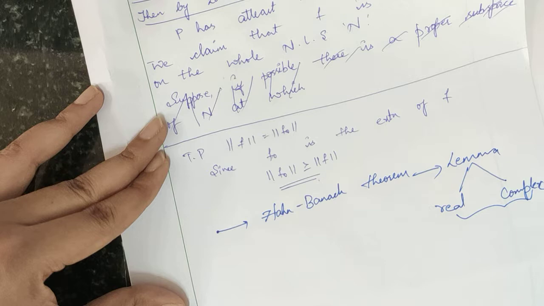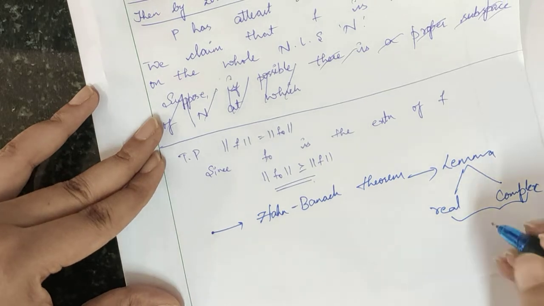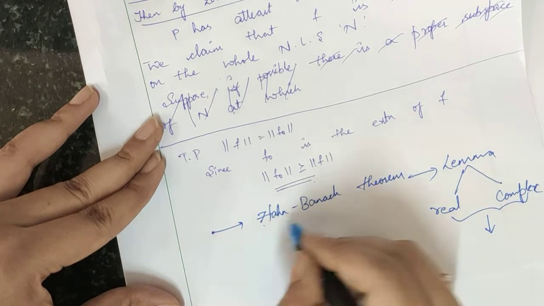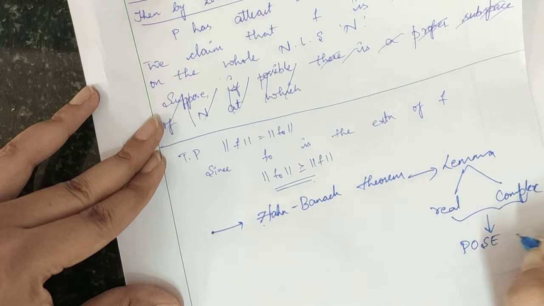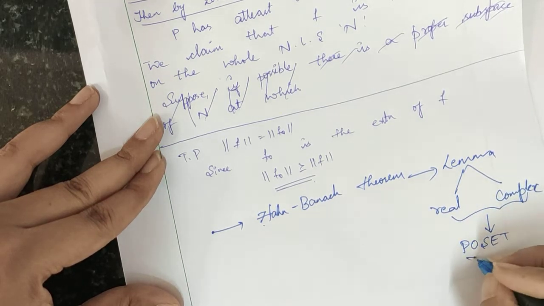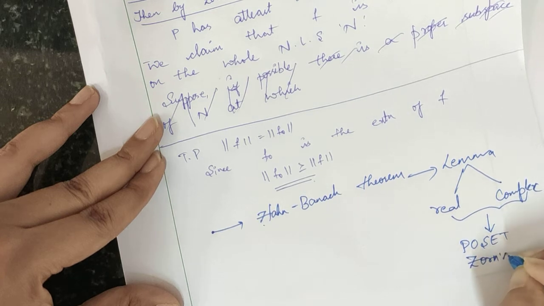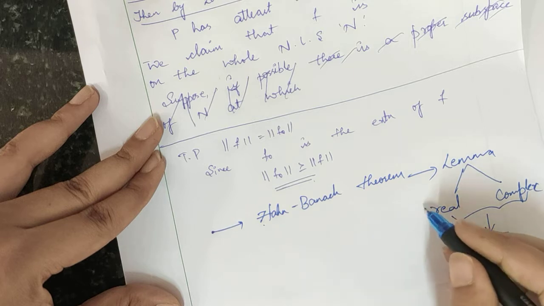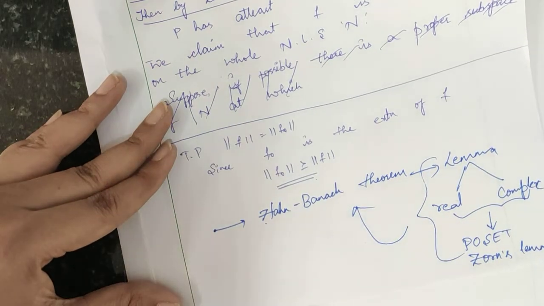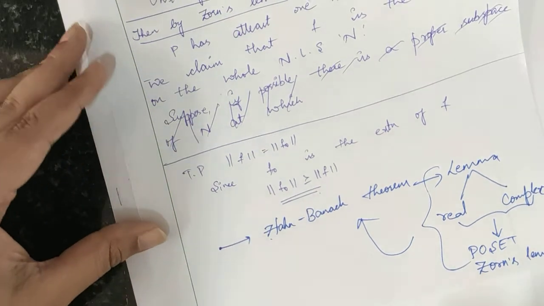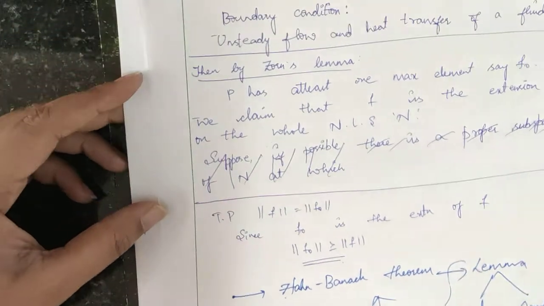Then you will conclude this lemma, and you will come to the Hahn-Banach theorem. There you should know two conditions: one is the definition of poset and another one is Zorn's lemma. So using these three concepts, you will conclude the Hahn-Banach theorem. So this is all about the Hahn-Banach theorem. Thank you.